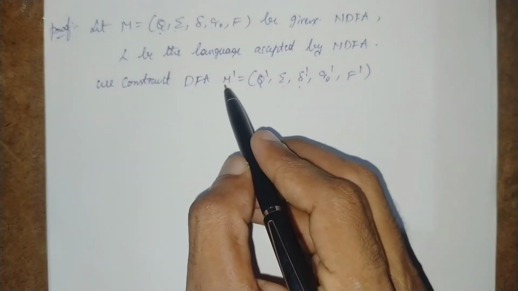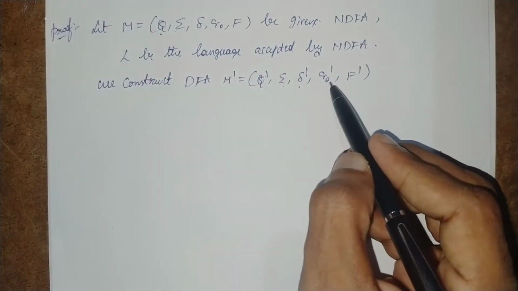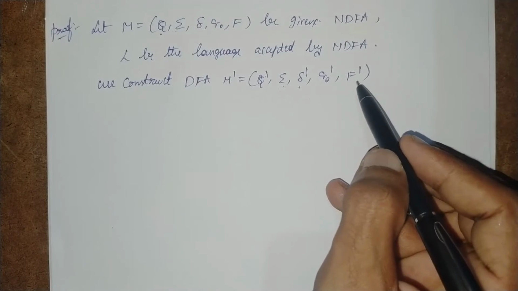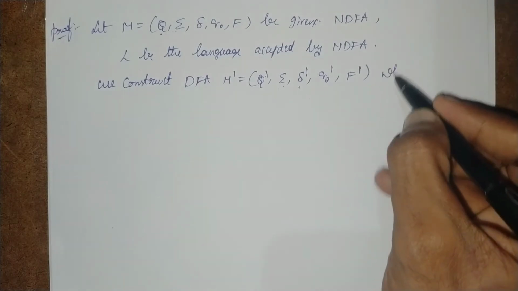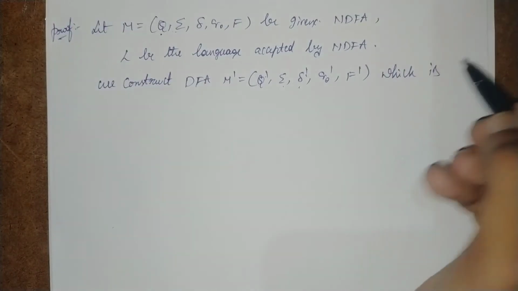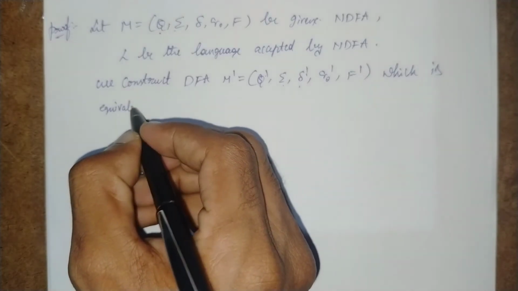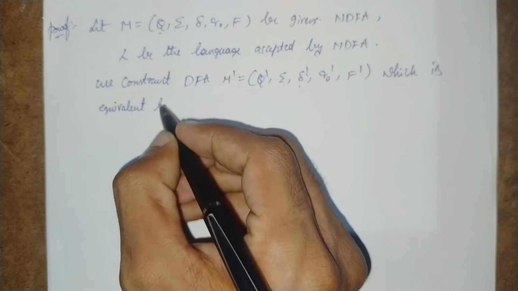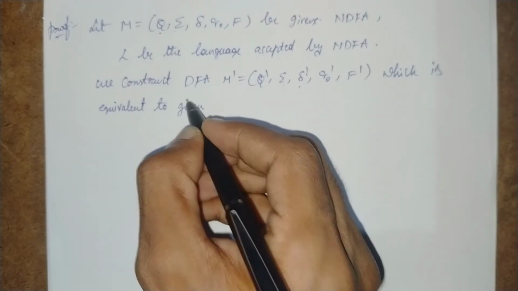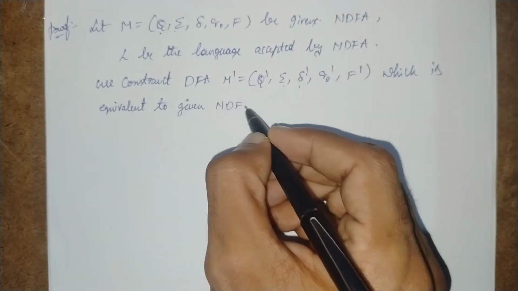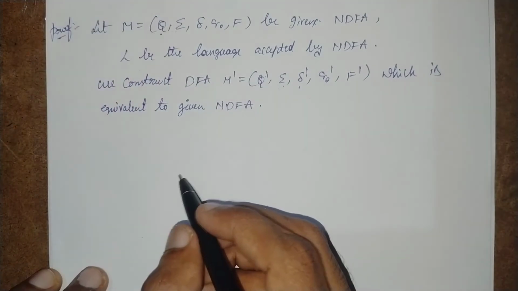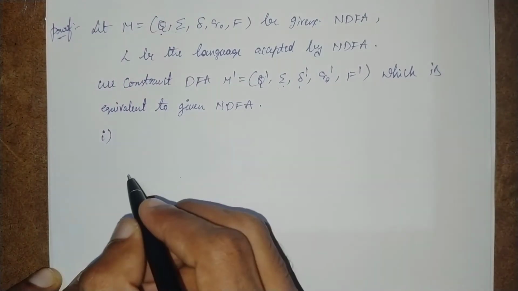So we denote M dash, Q dash, delta dash, Q0 dash, and F dash, which is equivalent to the given NDFA.